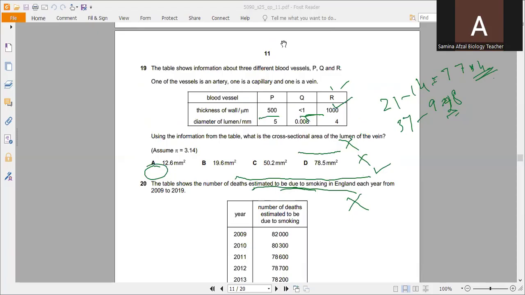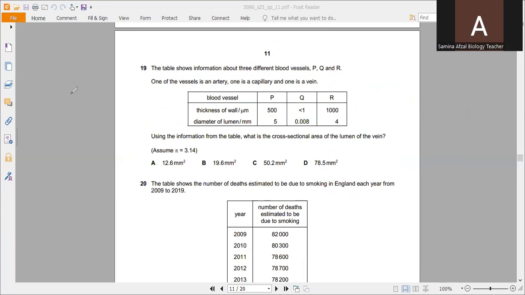Question number 19. The table shows information about the three different vessels P, Q, and R. Using the information from the table, what is the cross-sectional area of the lumen of the vein? Assume pi is 3.14.